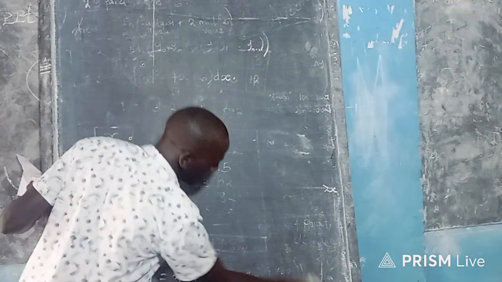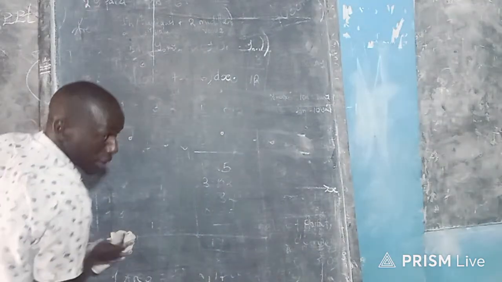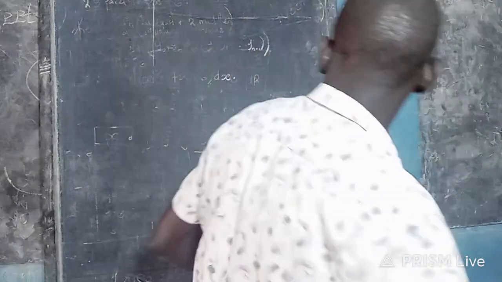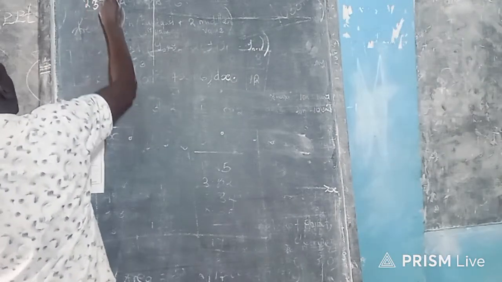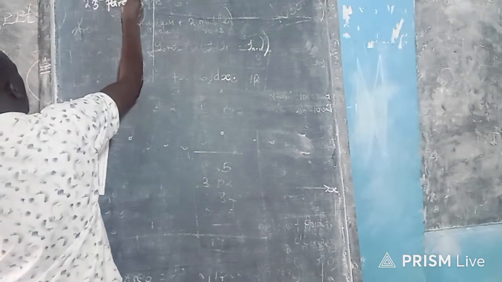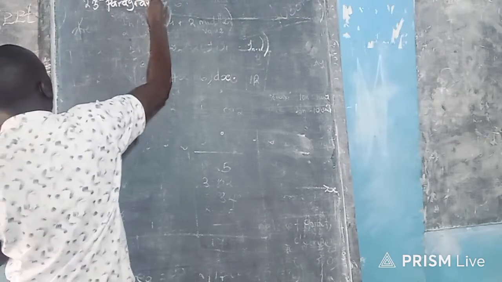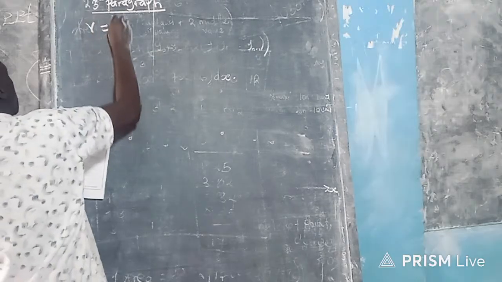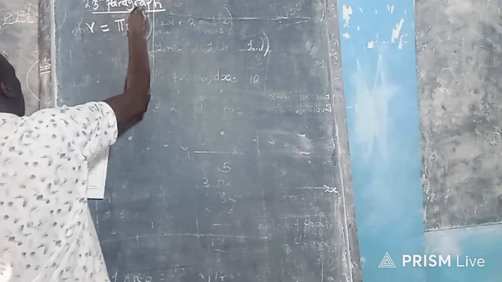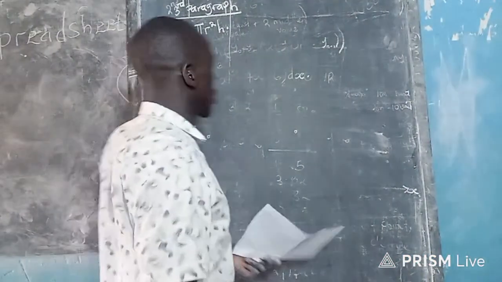We will have to make the derivation of the percentage error in terms of R. So in our side paragraph, we'll have to get the volume of a cylinder, which is given by pi r squared h.